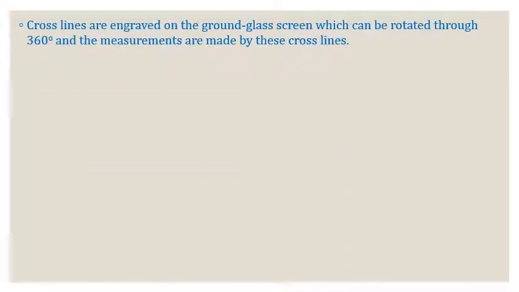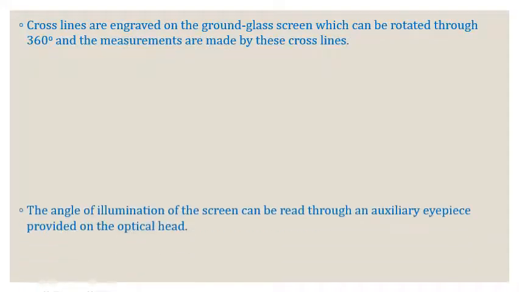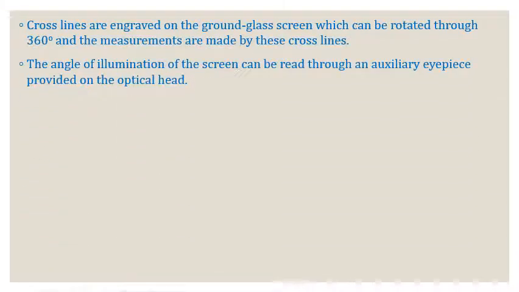Further, cross lines are engraved, in continuation with the explanation. Cross lines are engraved on a ground glass screen which can be rotated through 360 degrees, and measurements are made by these cross lines. The angle of illumination of the screen can be measured through an auxiliary workpiece provided on the optical head.